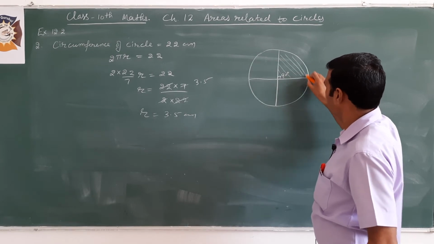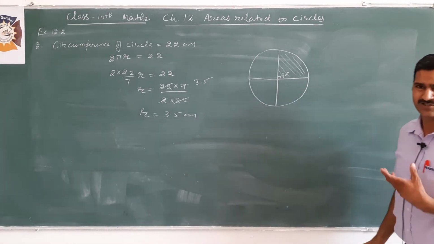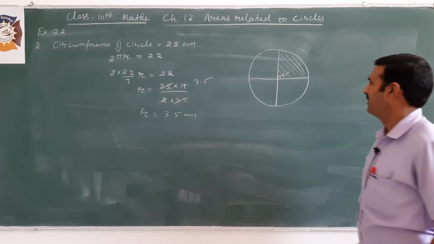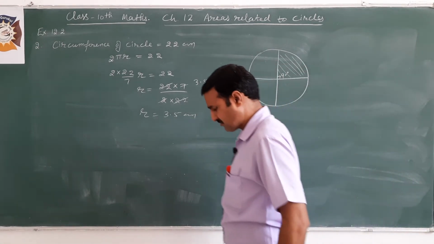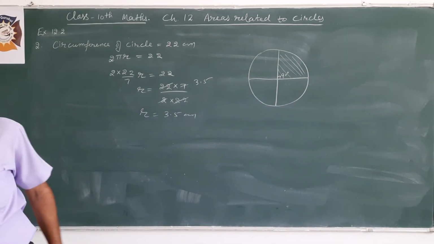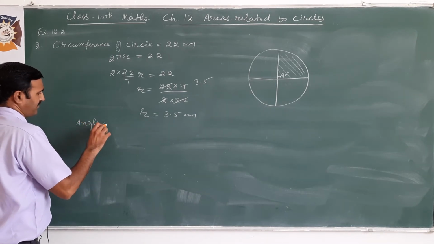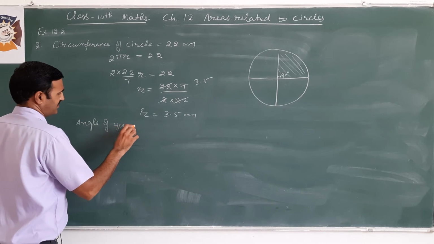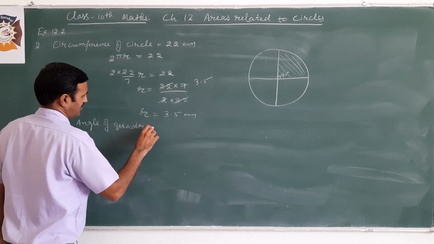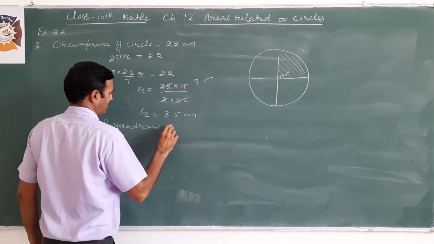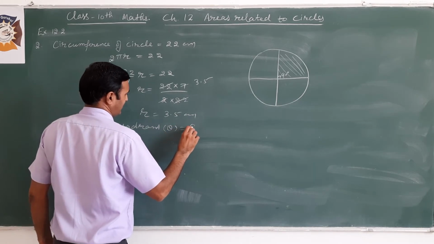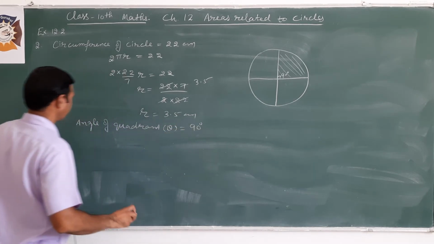Quadrant means 1/4 part of the circle, and we know the angle of this quadrant is always 90 degree. Not just in this question, but in every question, angle of quadrant theta is 90 degree.